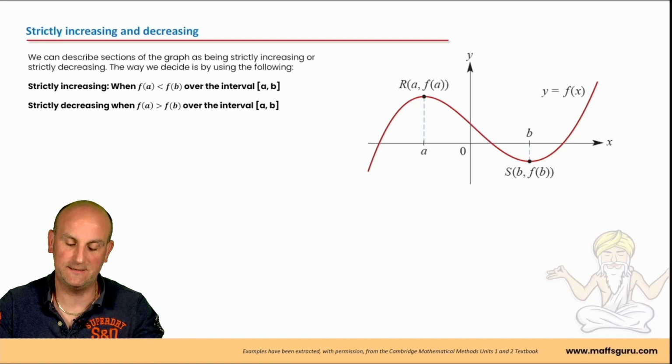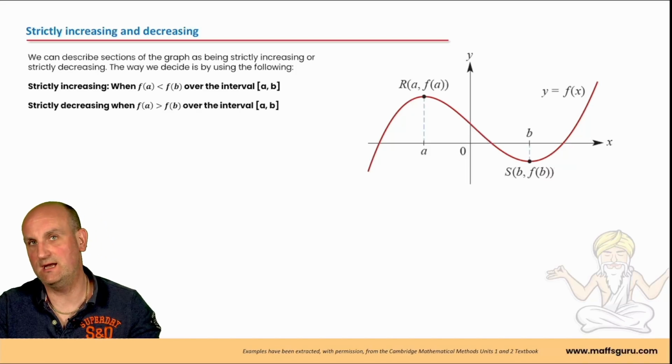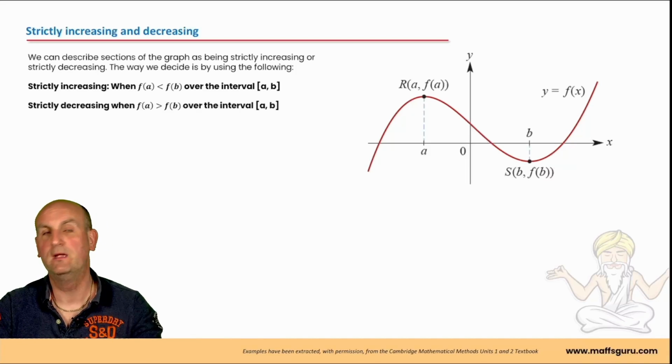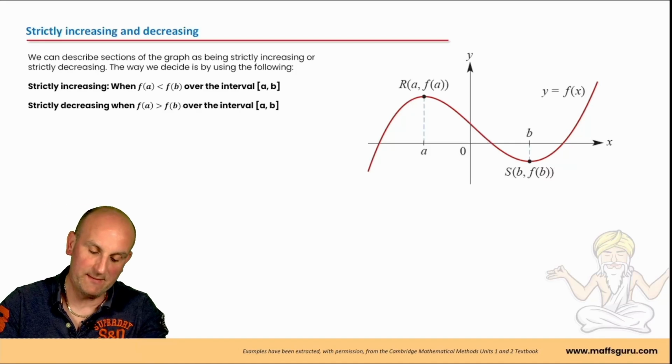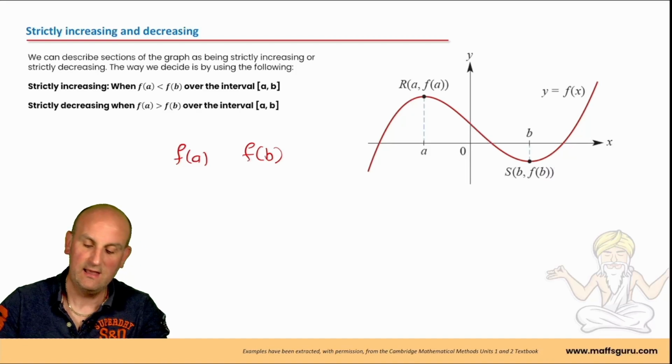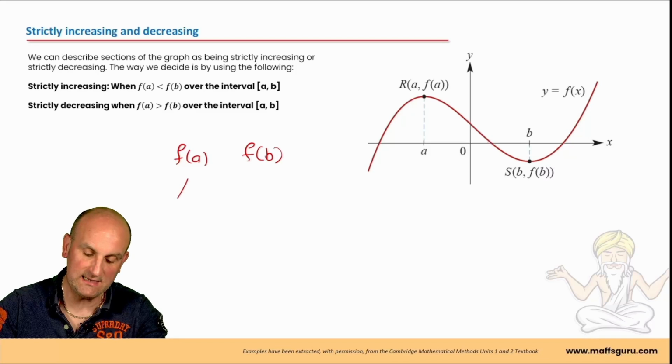Now, some of the language we use in maths relates to strictly increasing and strictly decreasing: whether a function between two given points is increasing or decreasing. The way we do that is we compare two points, f of a and f of b. If you understand that notation, the rest of this makes a lot more sense.